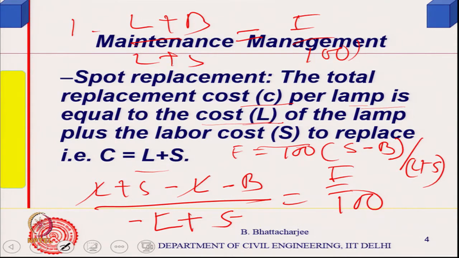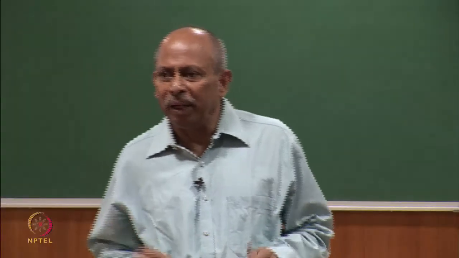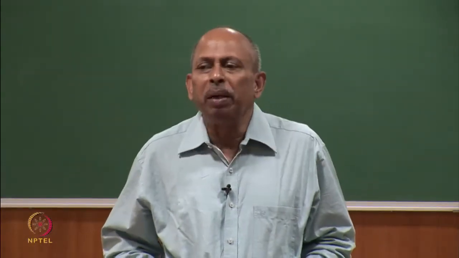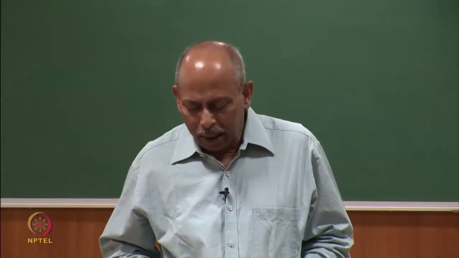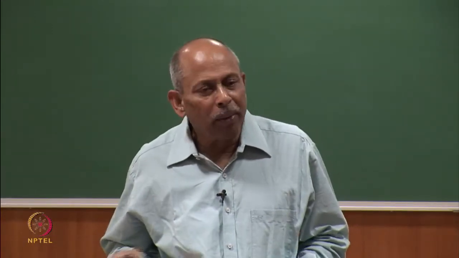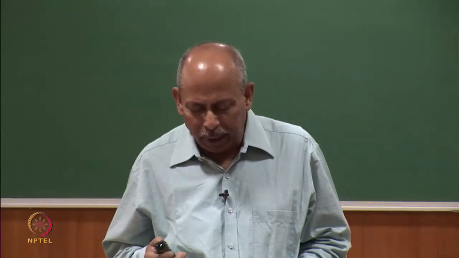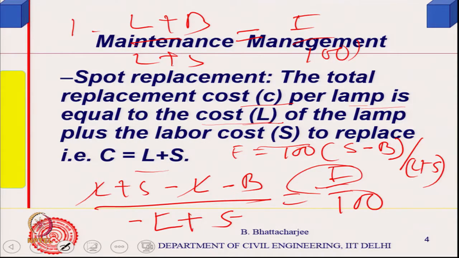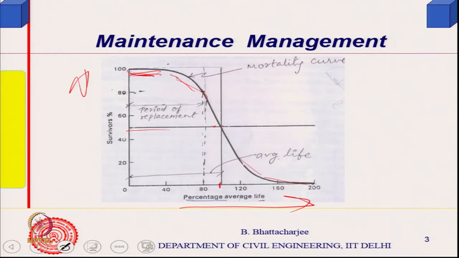So, the difference between S and B will dictate when I do bulk replacement. Once I have found out f, let us say f is equal to 20%, or 15% or whatever it is, I can go back to this graph, and f is this much, say 25% in this particular case.